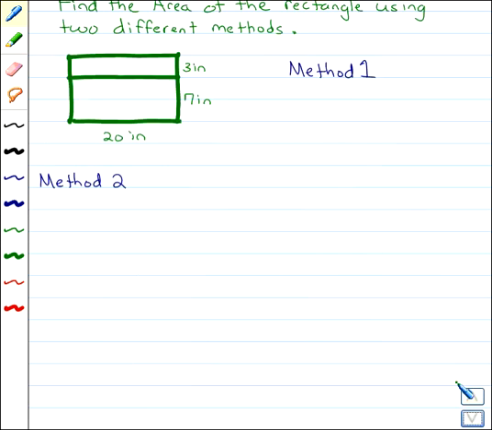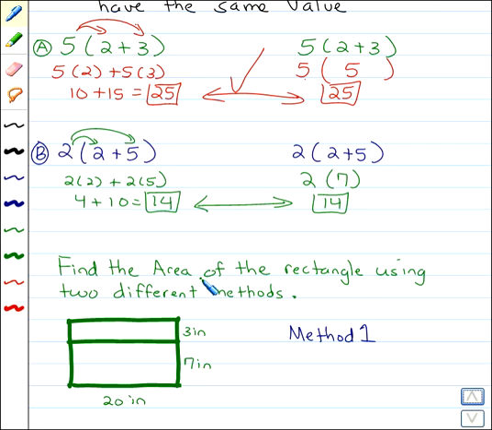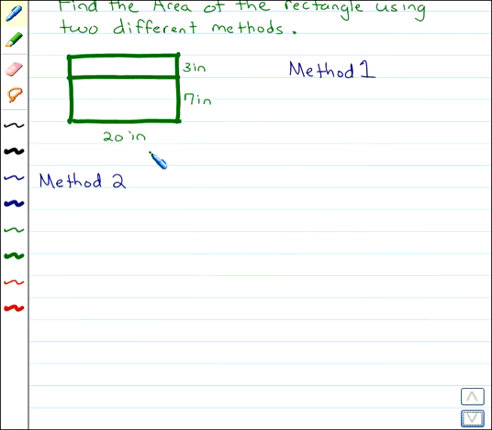Alright, we're going to find the area of the rectangle using two different methods. So right here we have a rectangle. Now, the first method, area, remember, is length times width.